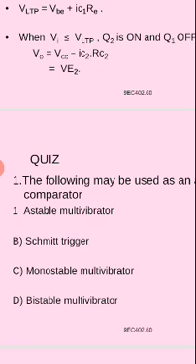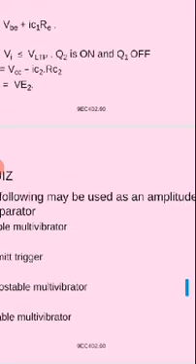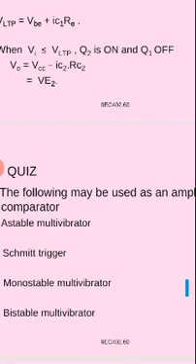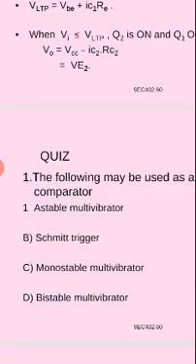Quiz. The following may be used as an amplitude comparator. Option A, astable multivibrator.